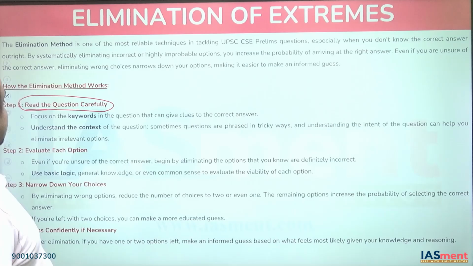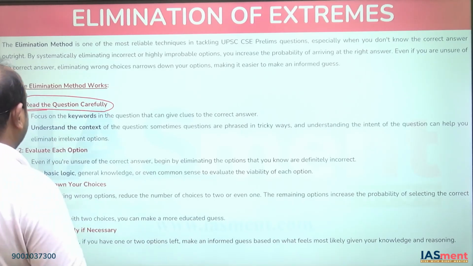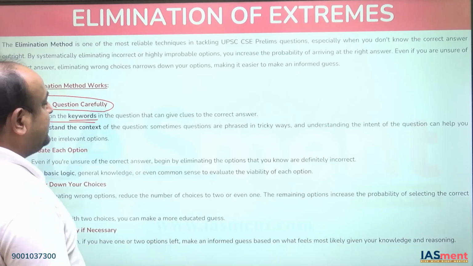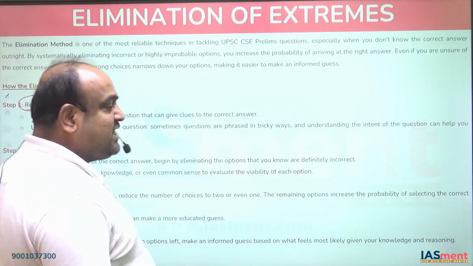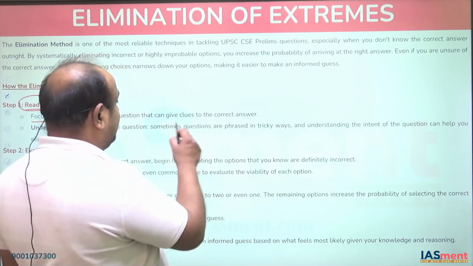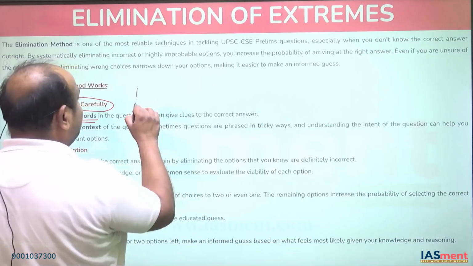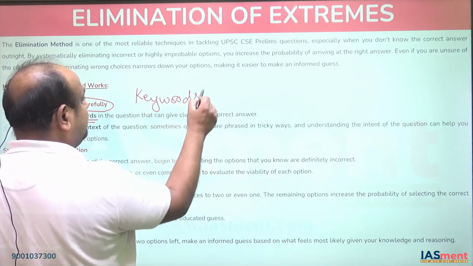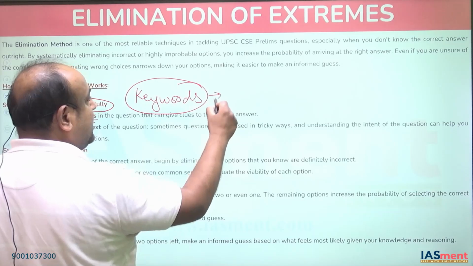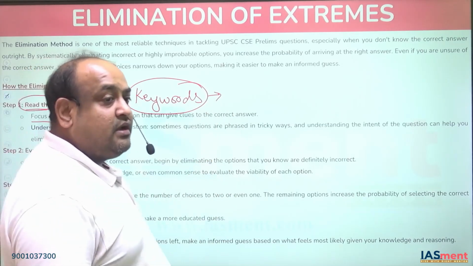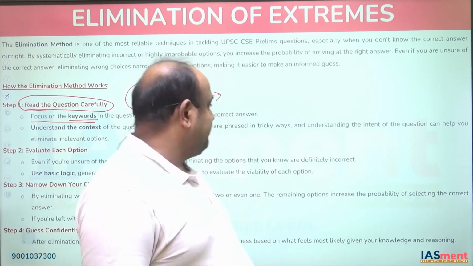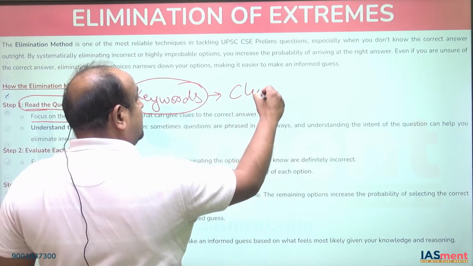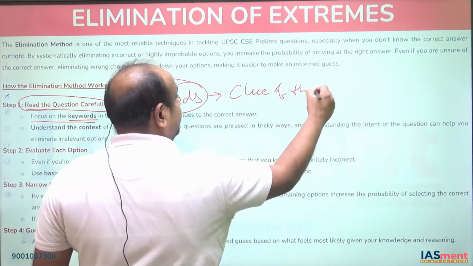Focus on keywords in the question that can give a clue to the correct answer. The keywords of questions should be understood very correctly, and the keywords will give you a clue of the correct answer.